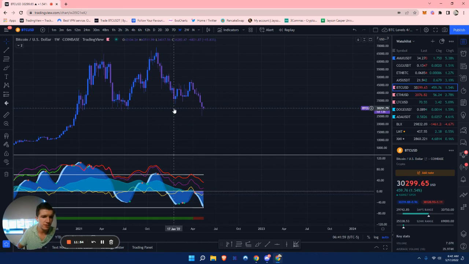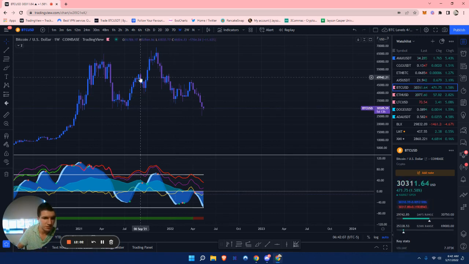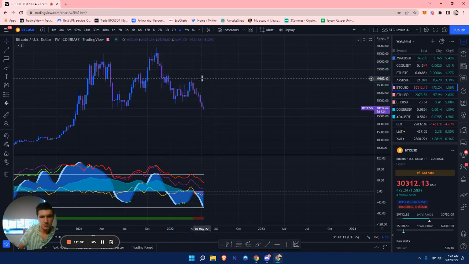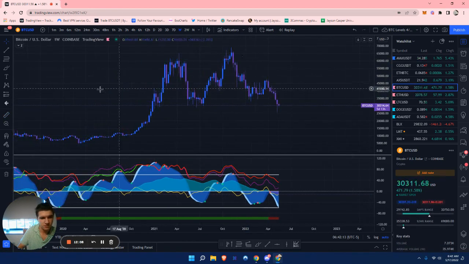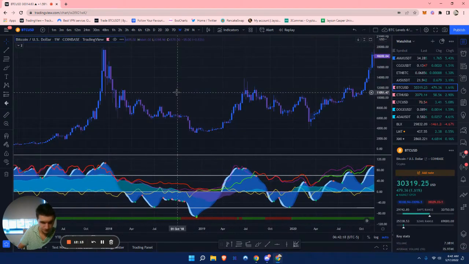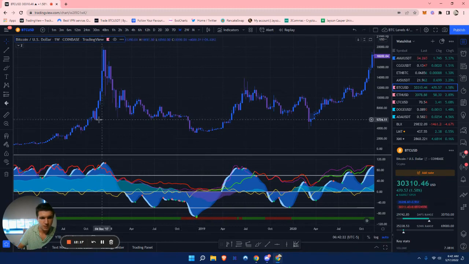So in other words, I like to use the weekly time frame as sort of where momentum is. And as you can see, we have strong momentum to the downside. You can think of it as sort of freight train momentum. And so same thing happened here. Had strong momentum to the downside.